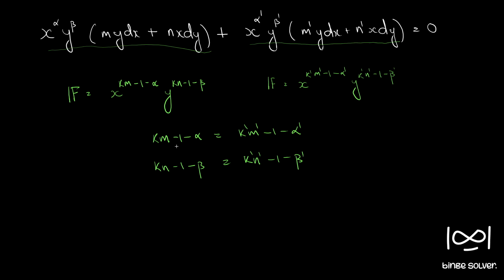Write these two equations, solve for k and k dash such that this condition is satisfied, and then write our integrating factor as x raised to km minus 1 minus alpha into y raised to kn minus 1 minus beta, which will be equal to x raised to k dash m dash minus 1 minus alpha dash into y raised to k dash n dash minus 1 minus beta dash, because these two are equal. So we'll be using this concept to solve problems.